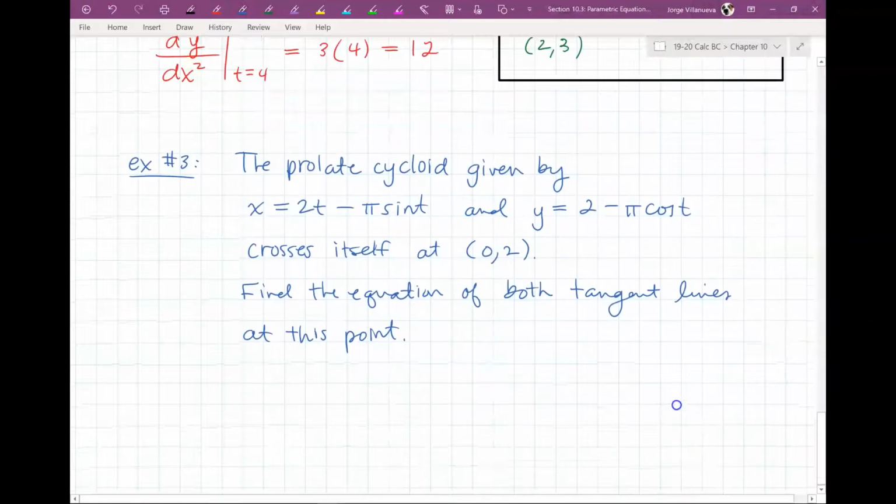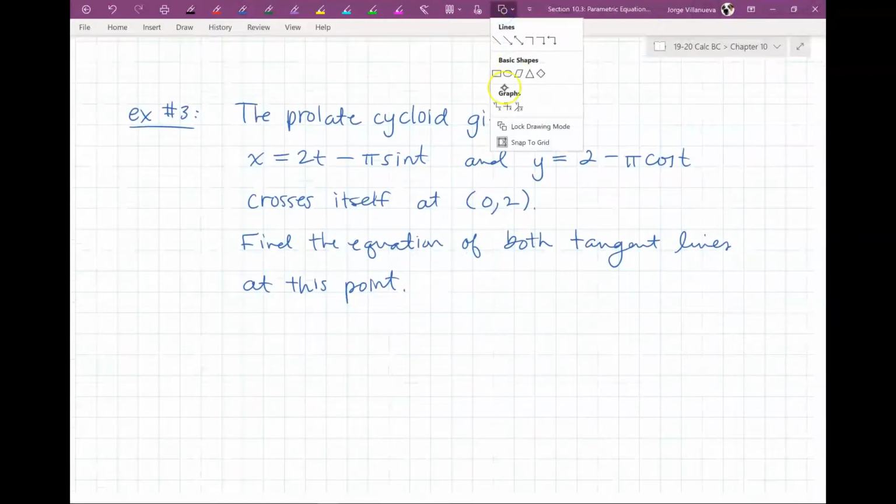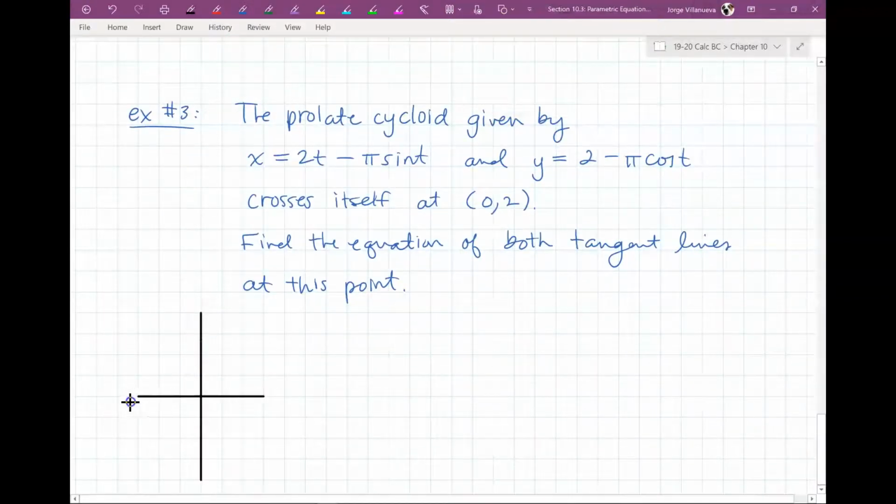Now, just to give you a picture of what we're looking at, since we're dealing with parametrics and sometimes other types of functions, they can look a little weird at times. We'll go with pi here, negative 1, 2, 3, negative pi there. We'll just make normal marks here.